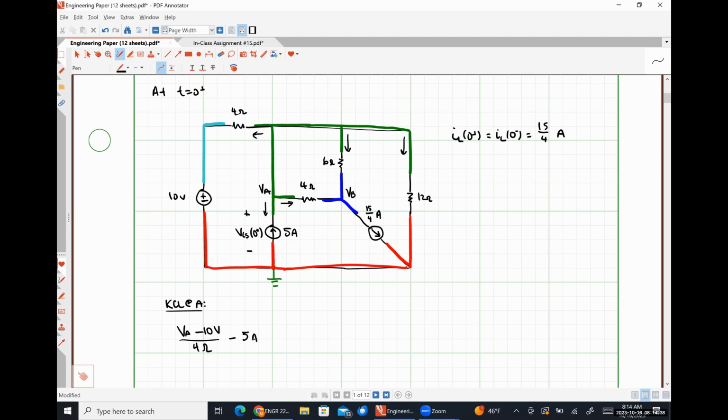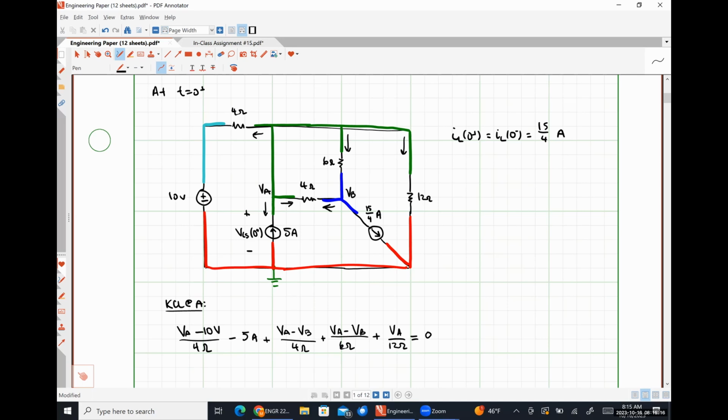Minus 5 amps. That's the current flowing down. Plus VA minus VB over 4 ohms. So that's the current flowing to the right. Plus VA minus VB over 6 ohms. That's the current flowing down through the 6 ohm resistor. Plus VA over 12 ohms, current flowing down through the 12 ohm resistor, is equal to 0.